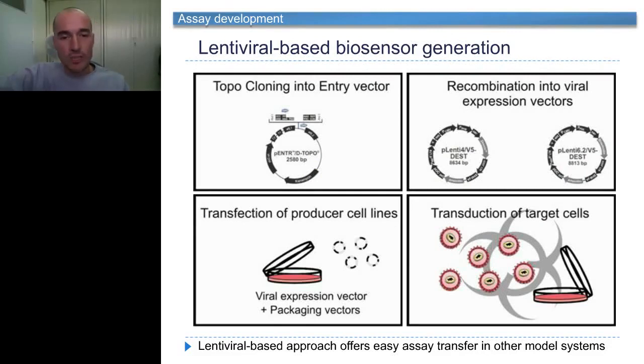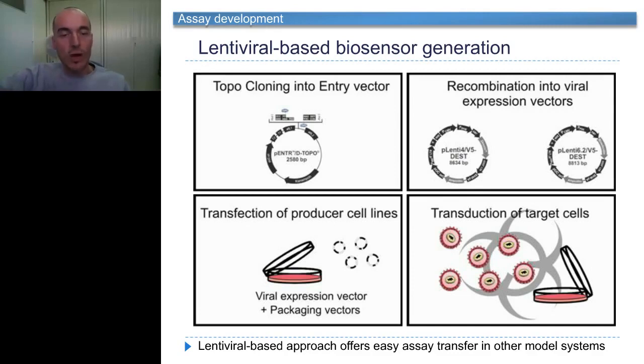All of our biosensor cell lines, this is some of the ones that we have in the lab, which we use for the ICD screening, but we have a whole battery of biosensor cell lines that we can use to detect cellular death and cellular stress conditions. All of these biosensor cell lines have been constructed in a lentiviral-based fashion, which allows to easily customize different cellular models and to go from wild-type cells to a biosensor cell line in a shortness of time.